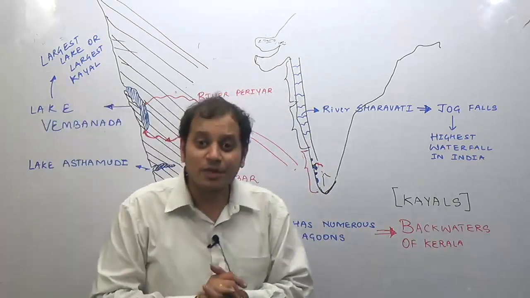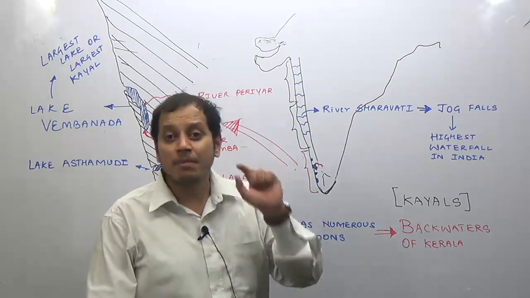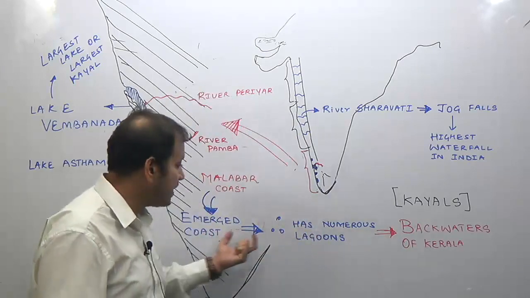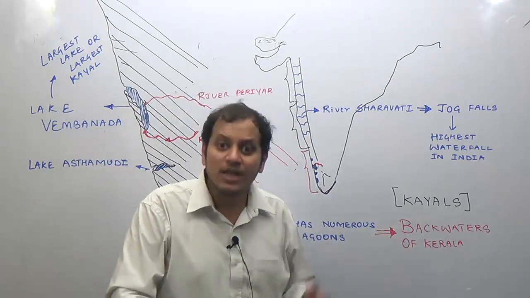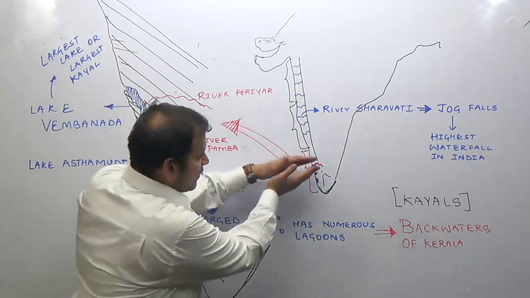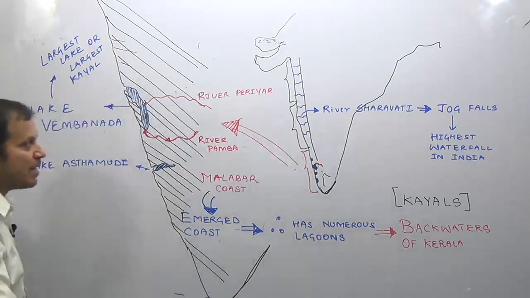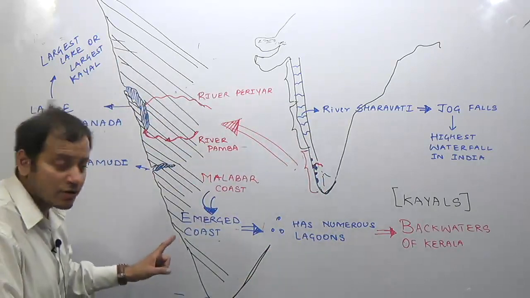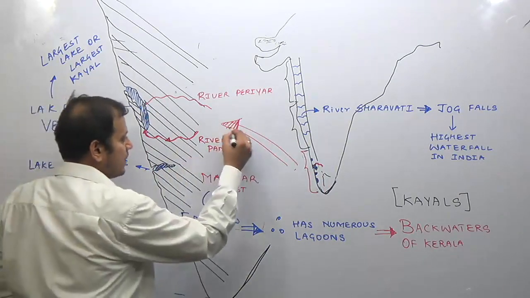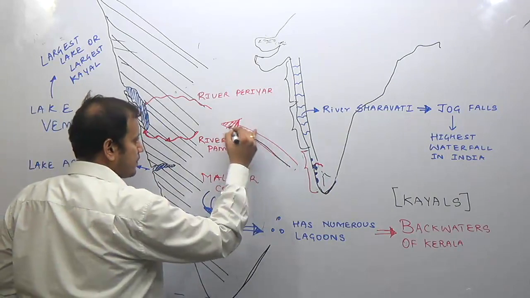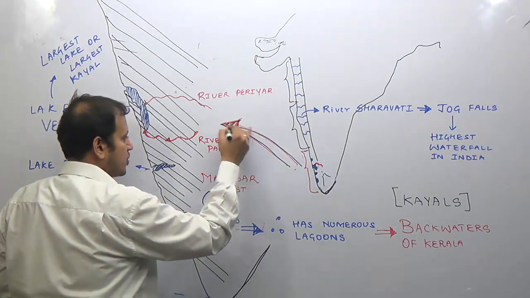Again repeating so that you don't get confused. We started with the Malabar coastline. Malabar coastline has numerous lakes or lagoons. These are known as backwaters or kayals of Kerala. The two important backwaters of Kerala are Lake Vembanad and Lake Ashtamudi.